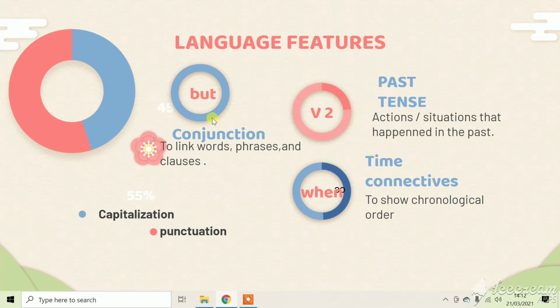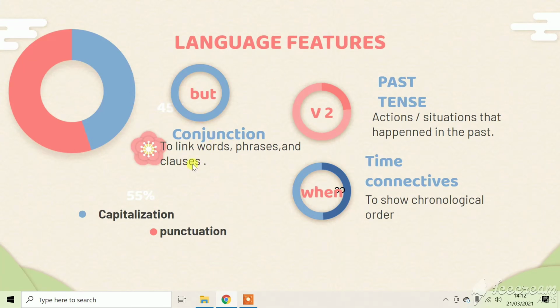And then we also use conjunctions here to link words, phrases, and clauses. For example, but, and, or. These are examples of conjunctions. We use them also in historical recount text.